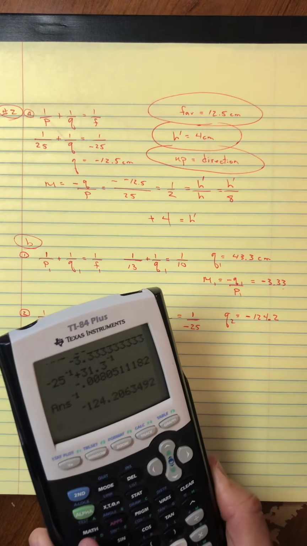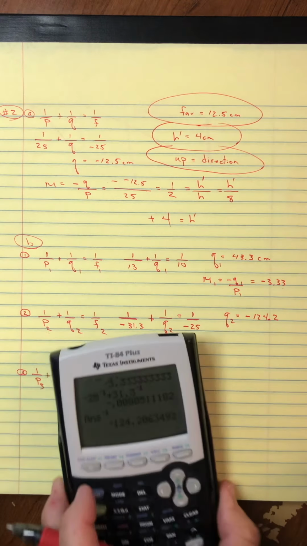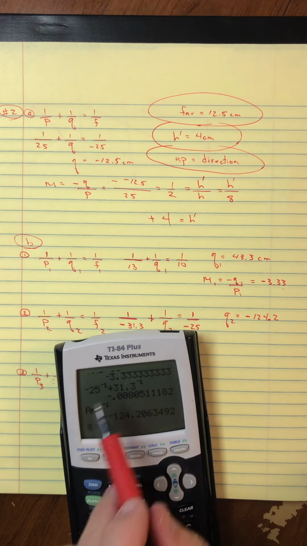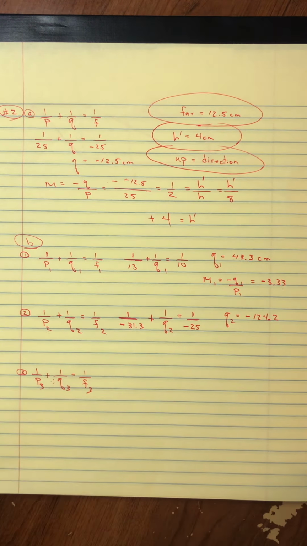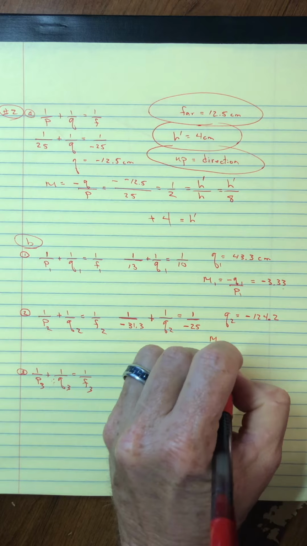Yeah, okay. Just wondered if I put it in right here, negative, because that's a big number. And what would it mean? Well, let's go to the picture, but let me do a magnification here.